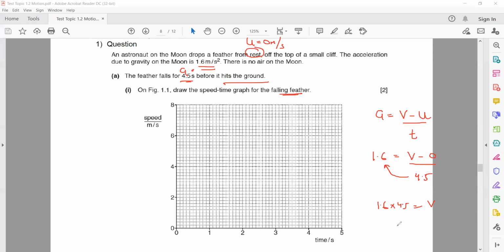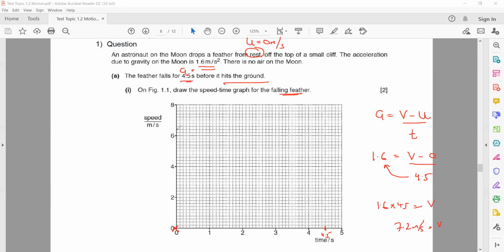7.2. So that means the final speed is 7.2. And you can see the starting speed is 0. So the starting speed is 0 and the final speed after 4.5 seconds is 7.2. Each box is representing 0.2.